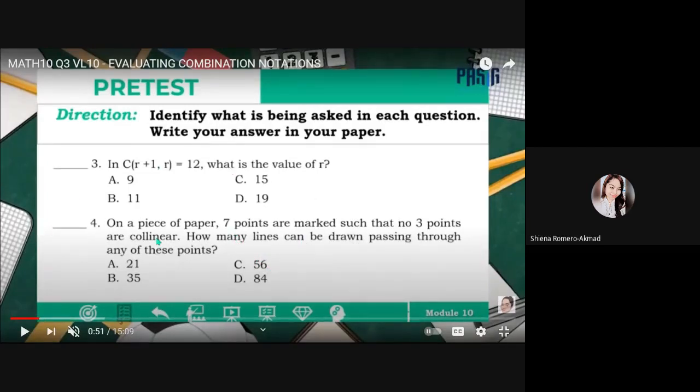So what is the representation of this? We use combination notation for this kind of problem. What will be our n here?